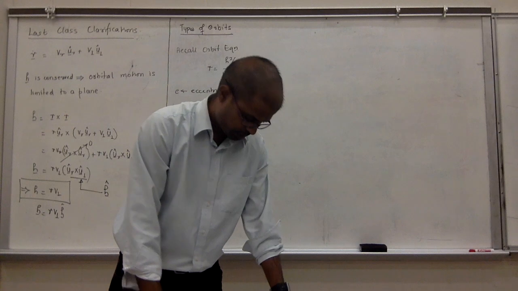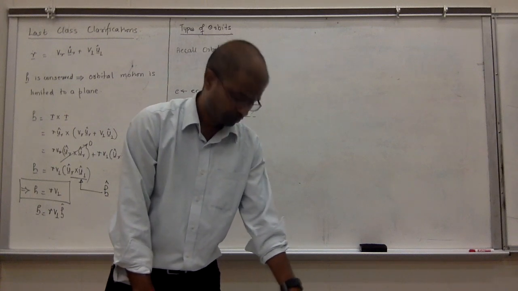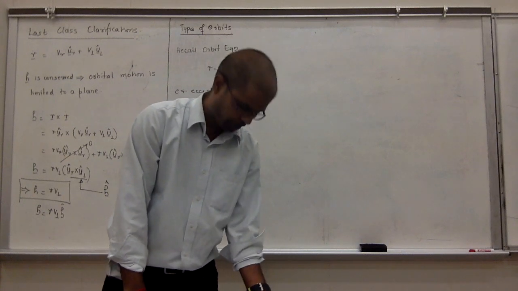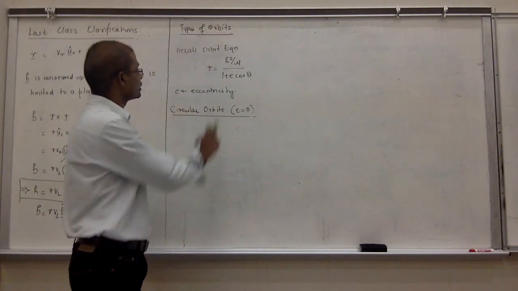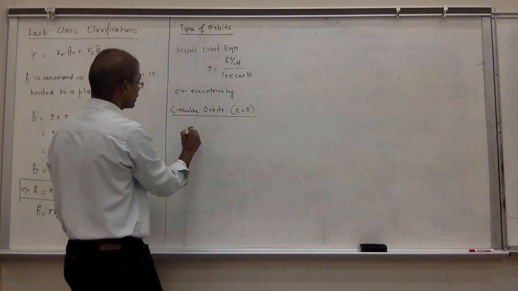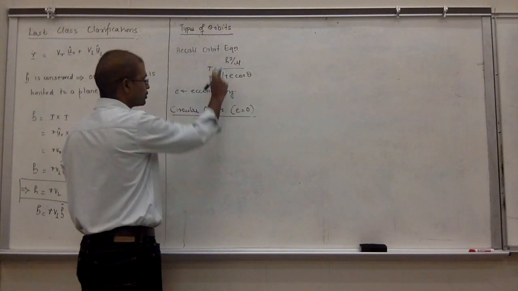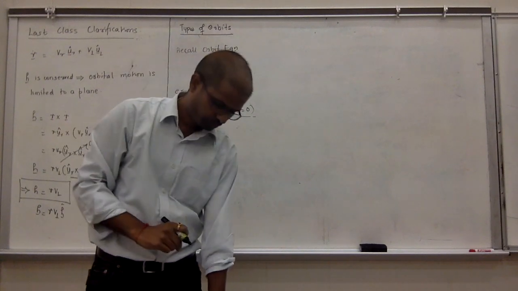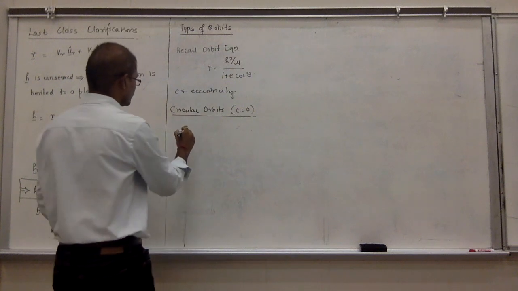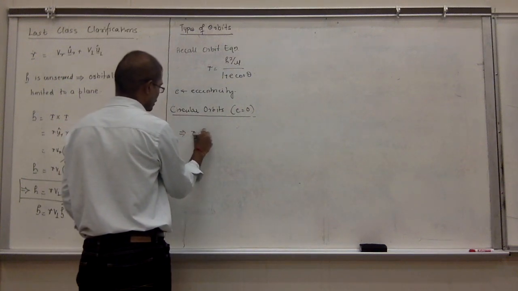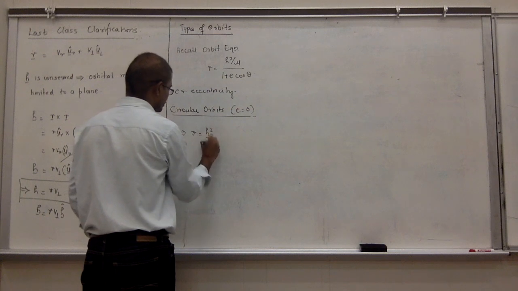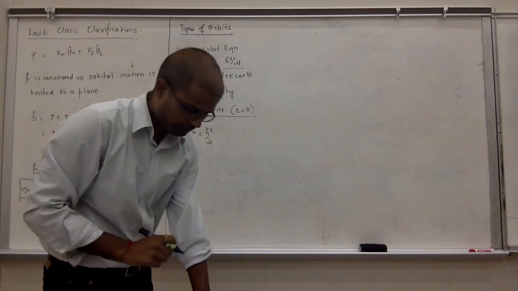That means we just keep h squared over mu. R equals h squared over mu. Right. So now if you substitute this, you get R is equal to simply h squared over mu. Implies R is equal to h squared over mu.